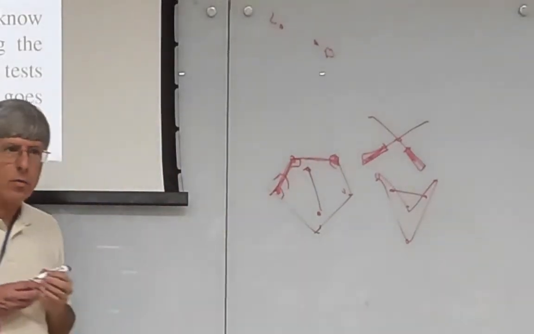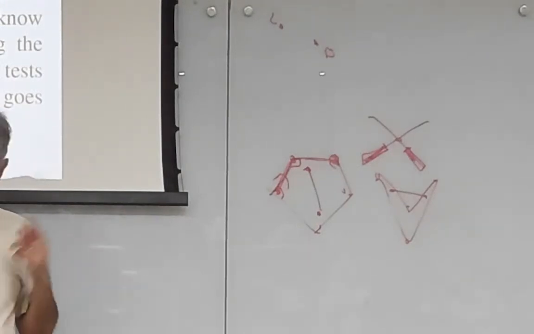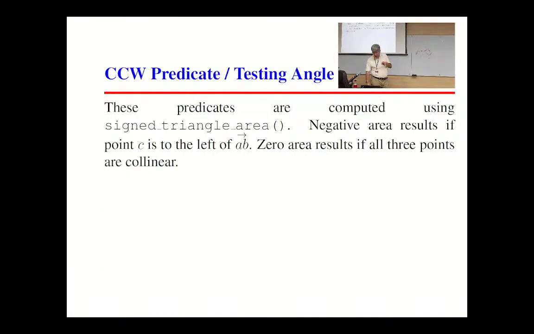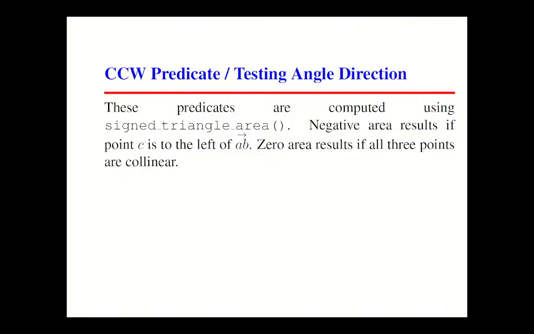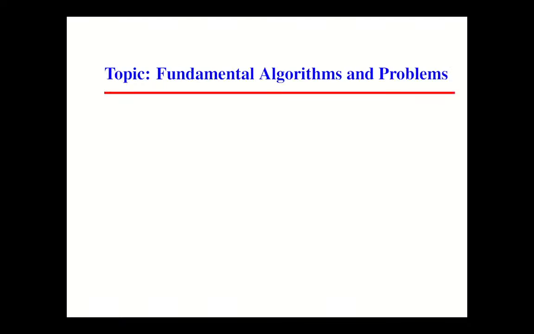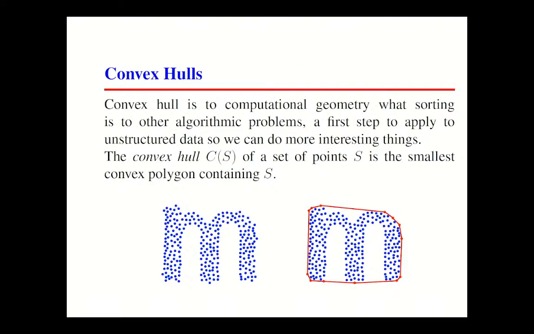Using this basic primitive to tell whether something is clockwise or counterclockwise helps me tell if things are convex. And the predicate for that is based on my signed triangle area. Any questions? That is the end of the explicitly boring part of this class, and now we can maybe get on to the algorithmic part. Any questions so far about the primitives?